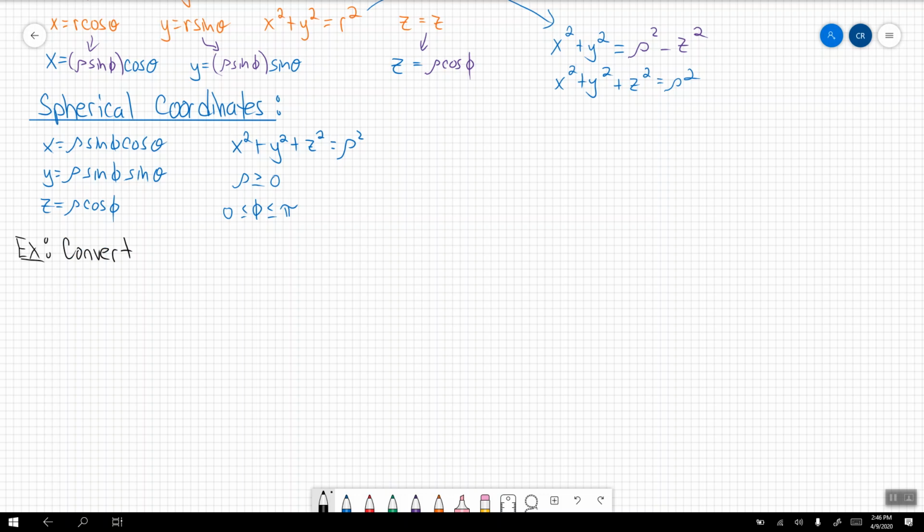So let's work on this really quick example. Convert the point (√6, π/4, √2) from cylindrical to spherical coordinates.